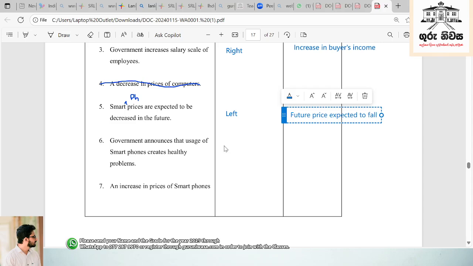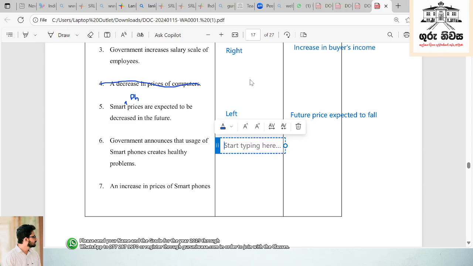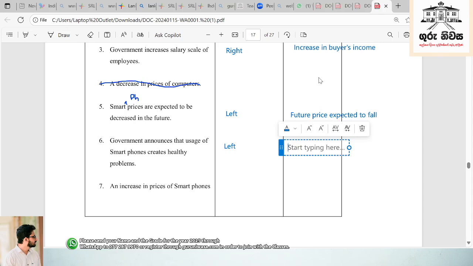It's not good for demand for smartphones. Then it will shift to the left side. The reason we can say: decrease in consumer taste, or we can say change in other factors affecting demand. Other factors.